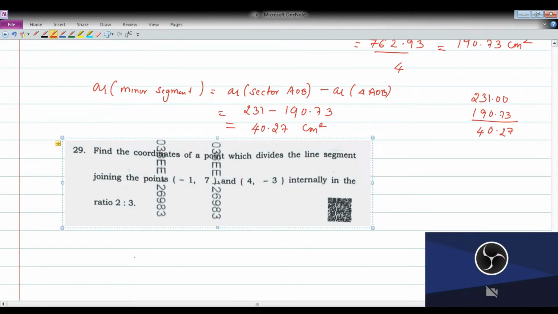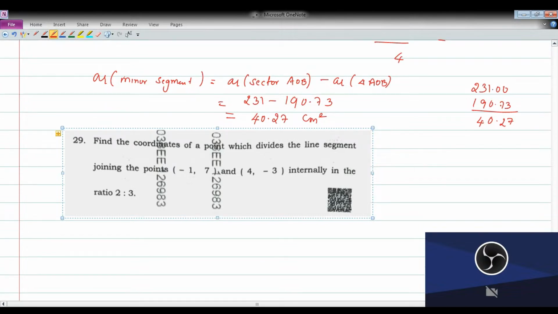Question number 29 is: find the coordinates of a point which divides the line segment joining the points minus 1, 7 and 4, minus 3 internally in the ratio 2:3. So we are given x1, y1, x2, y2 and m1, m2.